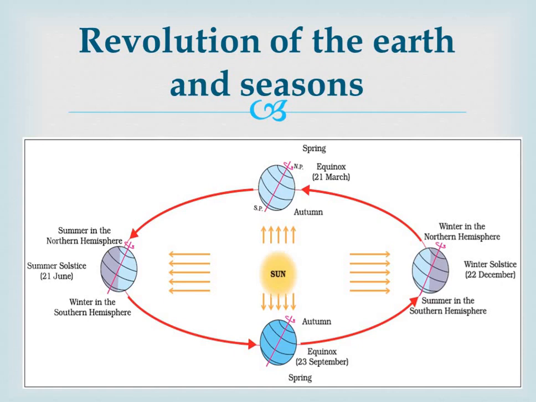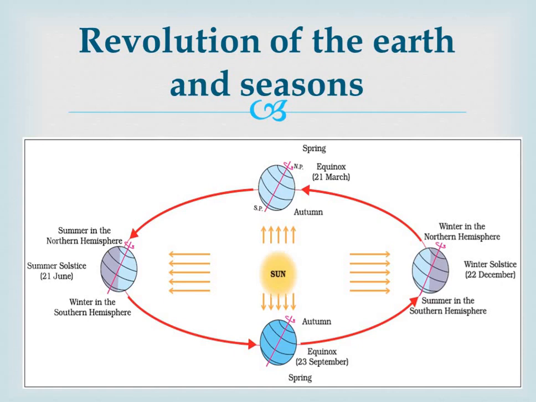But if you talk about the second position, the opposite of it, there is winter in the northern hemisphere. If you see carefully, now the southern hemisphere is towards the sun, so it is getting more heat. In this situation, in the southern hemisphere it is summer season, and in the northern hemisphere it is winter season.